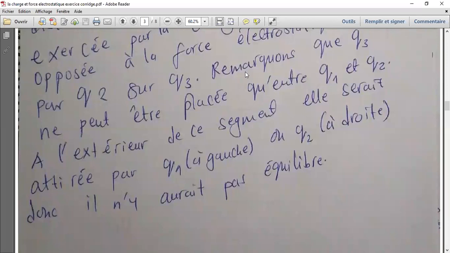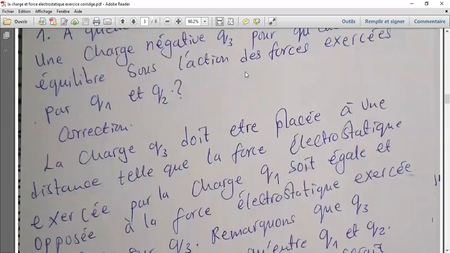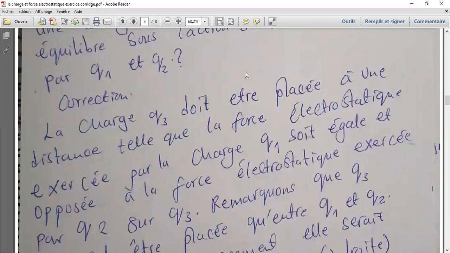and they say la charge Q3 doit être placée à une distance telle que la force électrostatique exercée par la charge Q1 soit égale et opposée à la force électrostatique exercée par Q2 sur Q3.